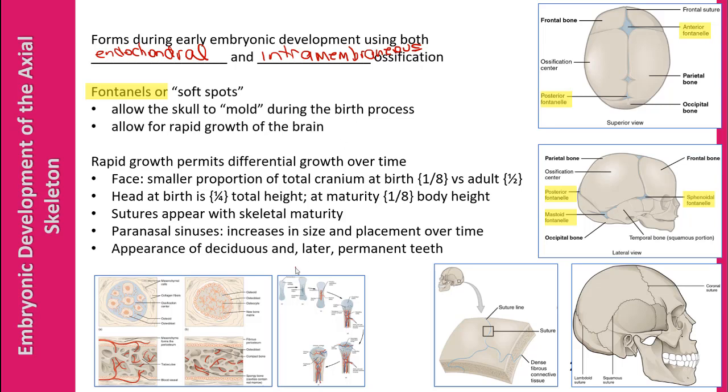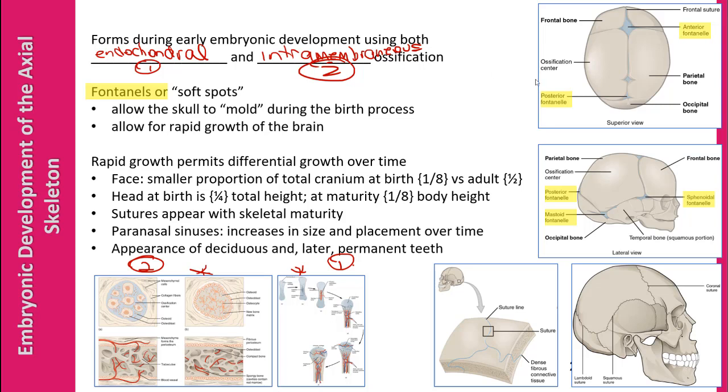So you can see here you've got the diagram over here. So this would be endochondral ossification, and then the diagram on the bottom left would be the intramembranous ossification.